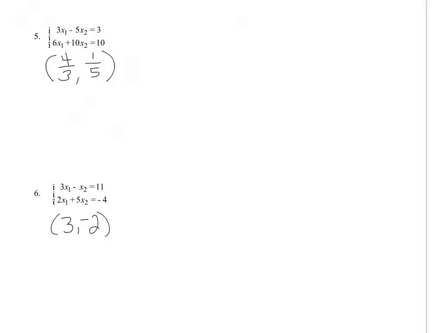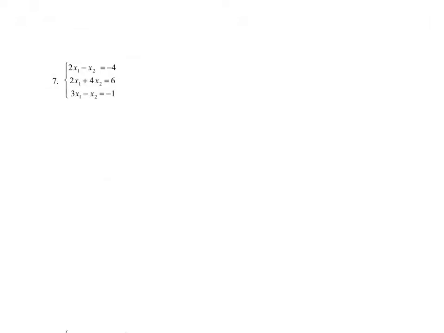What I want to show you now is what happens when you get more equations and more variables. So move to the next slide. On number 7, one thing that looks a little different is, first of all, we don't have x's and y's and possibly z's. We have our variables subscripted.